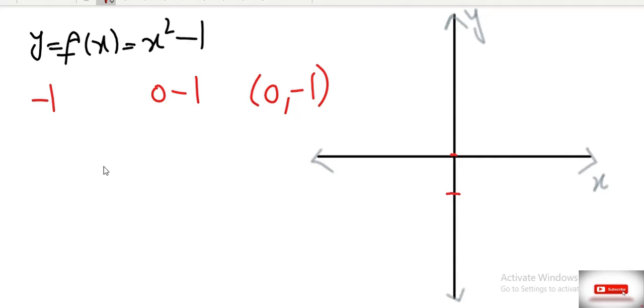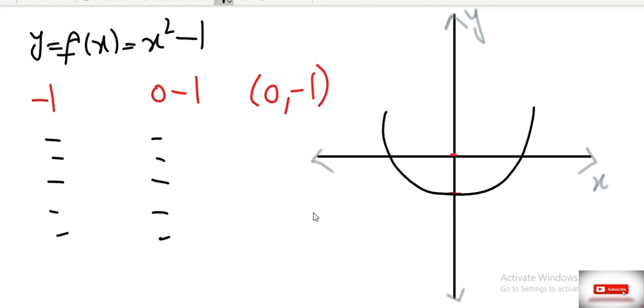It means the point is (0, -1). Draw this point on the below side of the y-axis, for the negative value of y. When you try more values of x, you will get more values of y.